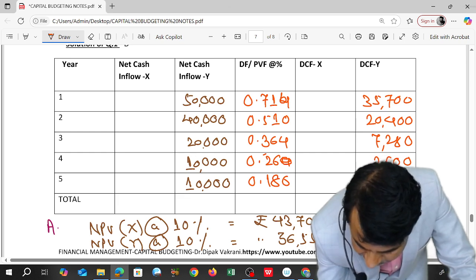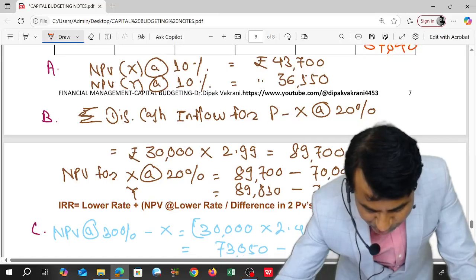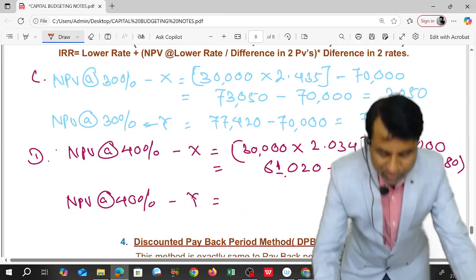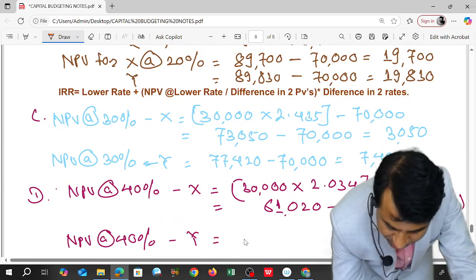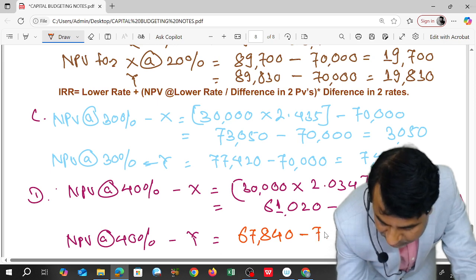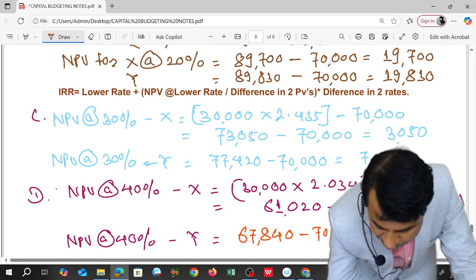God, we tried. 40 is the best thing. 35 would have been again positive, my dear, and it would have taken so much of time. तो हमने 40 किया, अच्छा किया. 67,840 is your summation of discounted cash inflow minus cash outflow is 70,000, and hence it is coming negative. It is 2160.